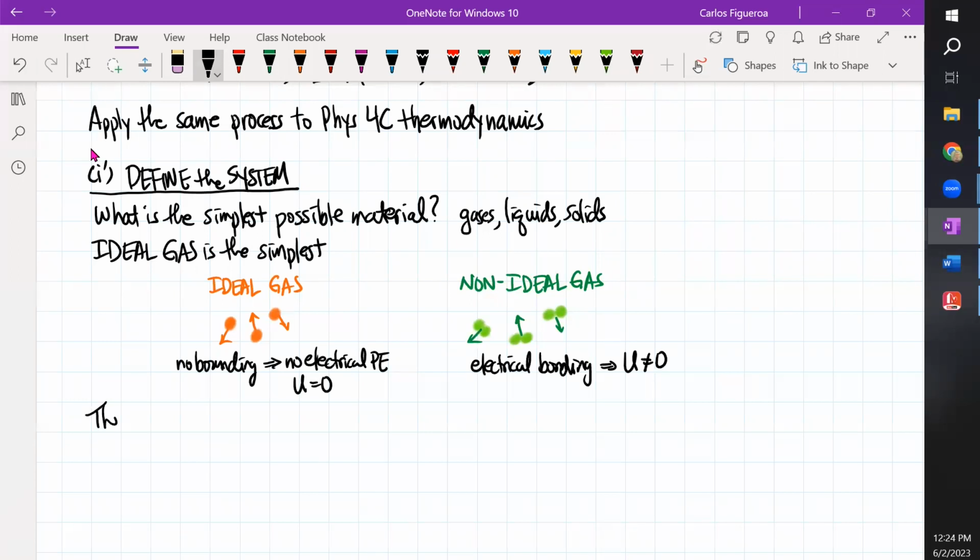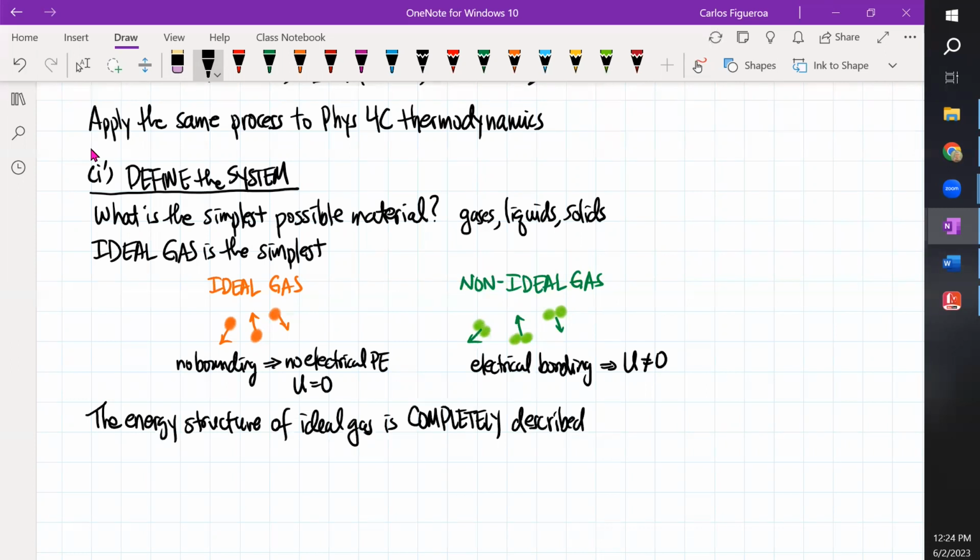So the energy structure of ideal gases is completely described by its kinetic energy, its microkinetic energy, and nothing else.